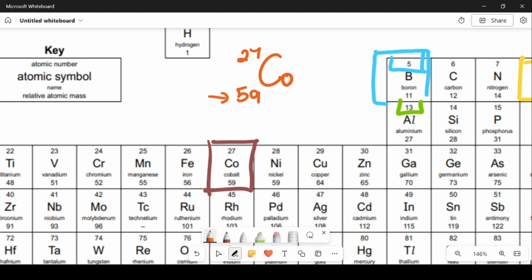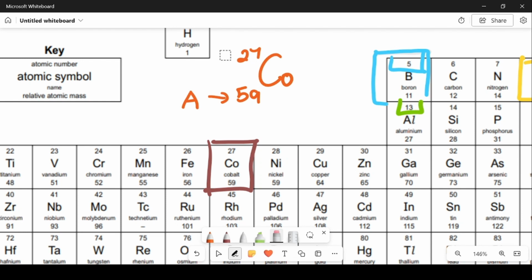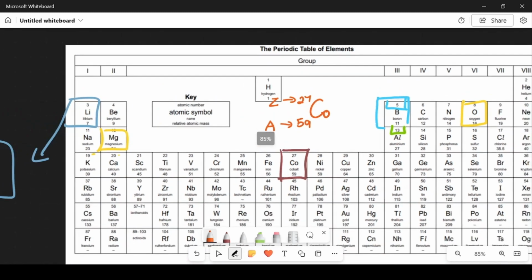Always know the bigger number is your mass number, also represented by the symbol A. The smaller number is your Z, also known as your atomic number or your proton number. So they could switch it up in periodic tables, but you need to look at it and be able to recognize what is what here.